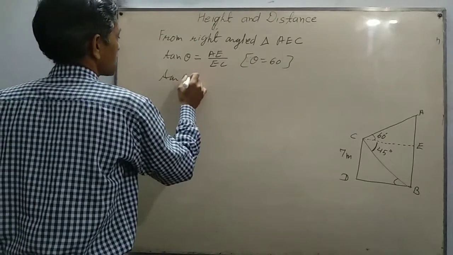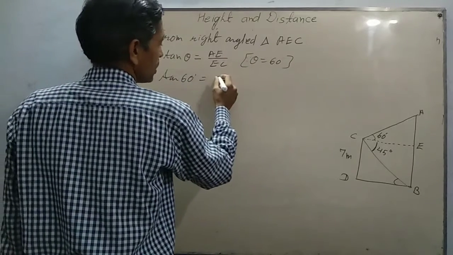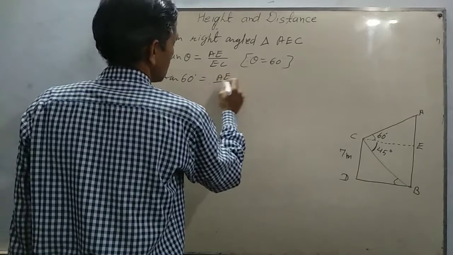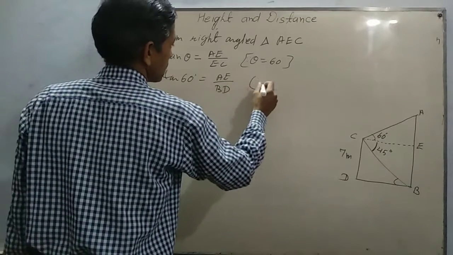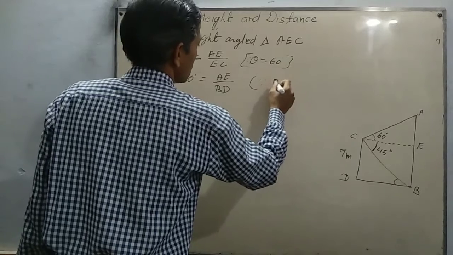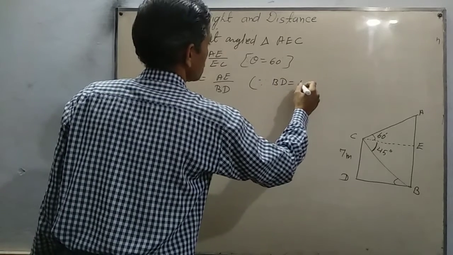Tan 60 degree is equal to AE upon BD, because BD is equal to EC.